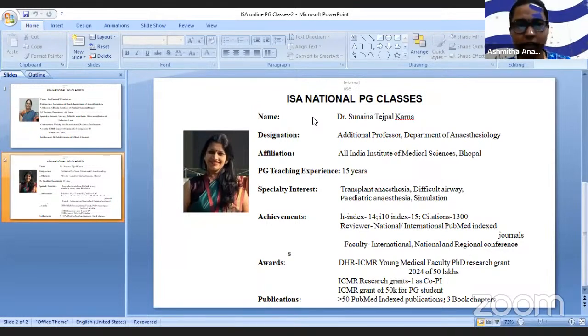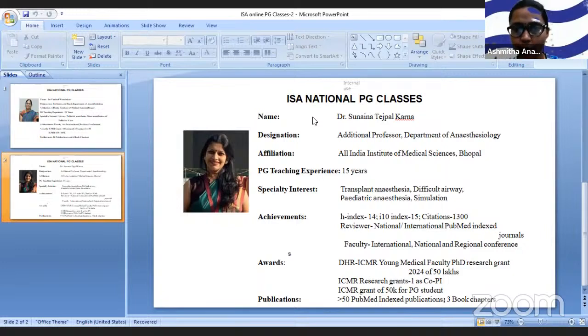I also extend my warm welcome to Dr. Sunena Tejpal Karna, Madam, Additional Professor, Department of Anesthesiology from All India Institute of Medical Sciences, Bhopal, with 15 years of PG teaching experience. Madam's special areas of interest include transplant anesthesia, difficult airway, pediatric airway, and simulation. Madam's achievements include an H-index of 14 and an i-index of 15, with citations of 1,300.